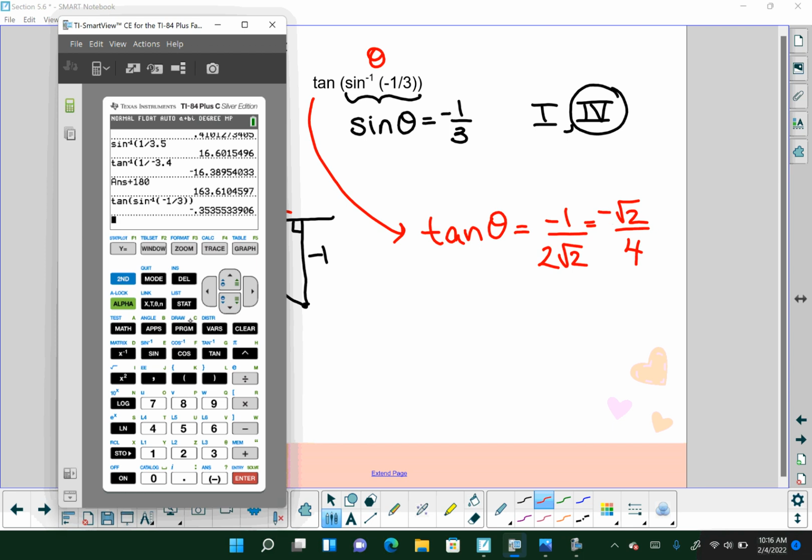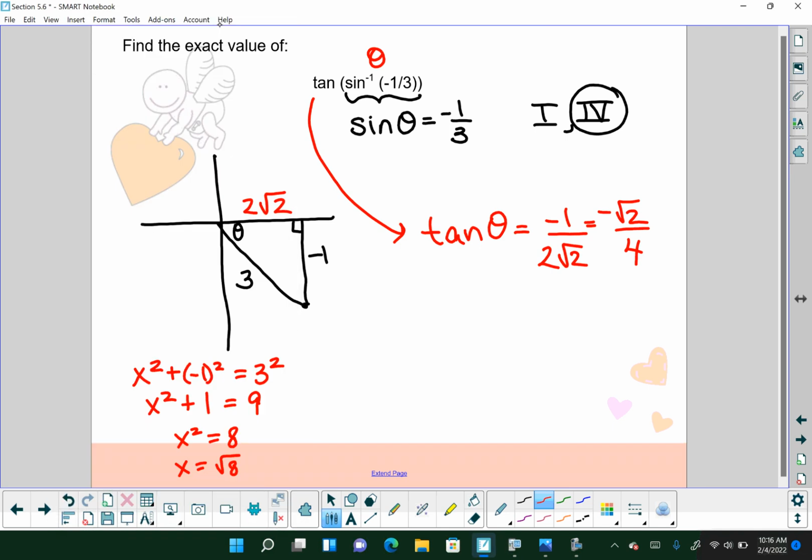We had negative rad 2 over 4, and you can see that we get the exact same value. So if you guys are doing this on your homework and you want to check your answers, you absolutely can, okay? But we only need to do this triangle method if it's something that's not on our unit circle, like that negative 1/3, something that we can't evaluate with our exact values that we know.